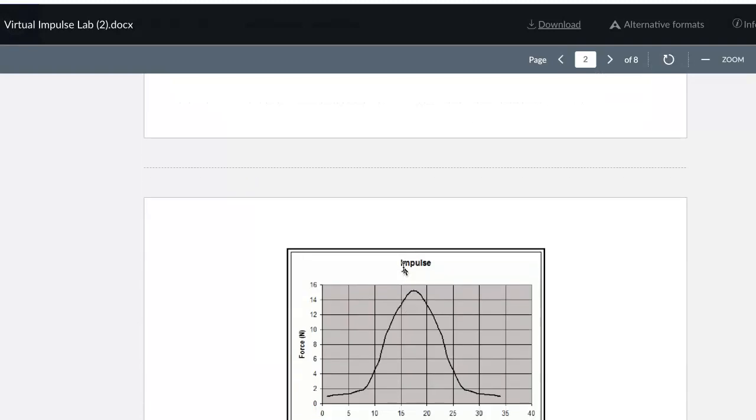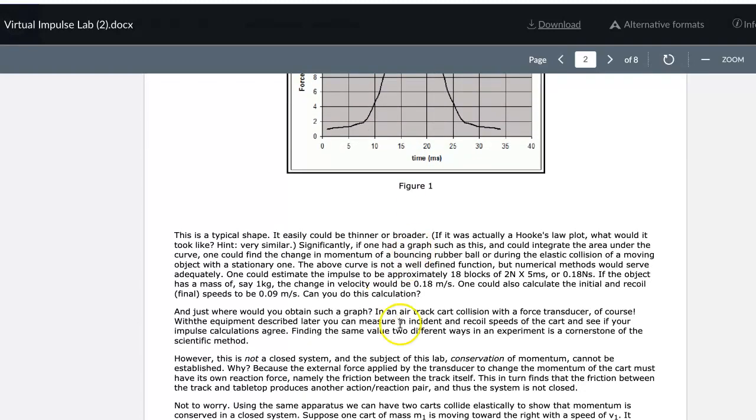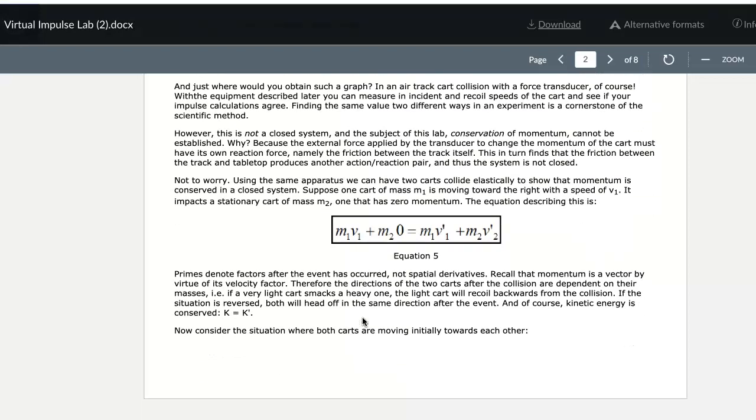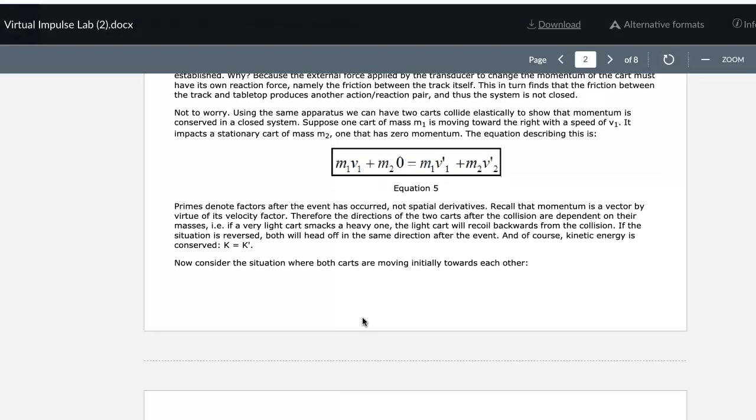Therefore, if we have a collision where we don't have any external forces, and all the forces are really internal, I can apply conservation of momentum: mass 1 times v1 plus mass 2 times v2 equals mass 1 times v1 prime plus mass 2 times v2 prime. v1 and v2 stand for velocities before the collision, and v1 prime and v2 prime after the collision.